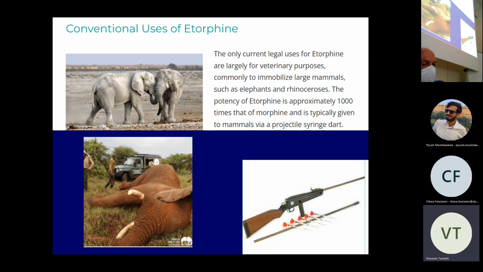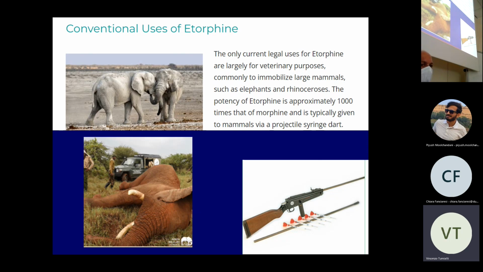This compound was used more than 20 years ago in a theater in Russia against the terrorists. They injected this compound through the air conditioning plant. But the problem was that in that theater there were a lot of children and they died by inhibition of the respiratory centers.